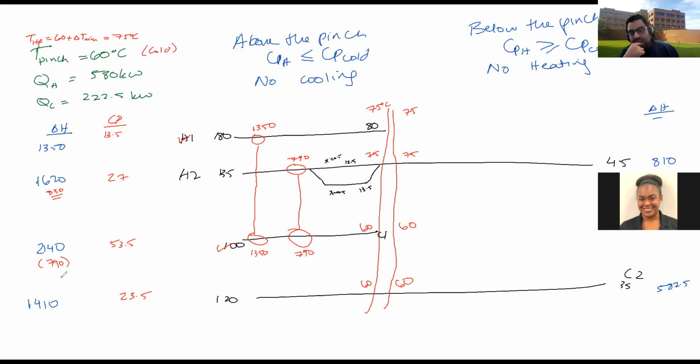So once I do this, I can now transfer all the heat remaining in the split stream to my cool stream, right? So now I'm gonna connect a heat exchanger from this guy all the way to this guy. And in this heat exchanger, I'm gonna transfer all the rest of this 830 kilowatts, right?